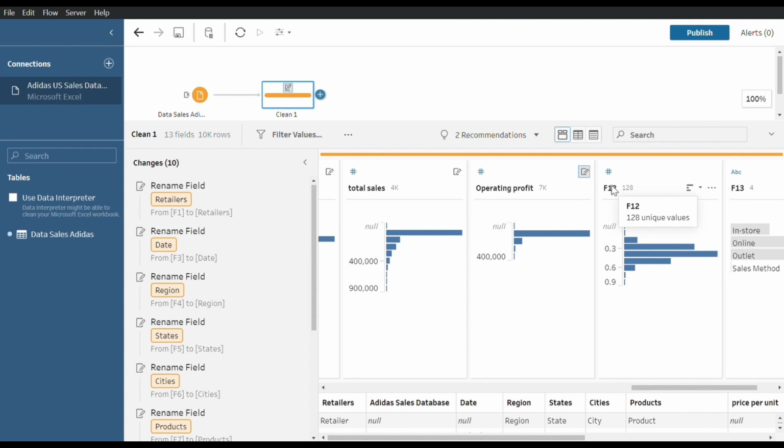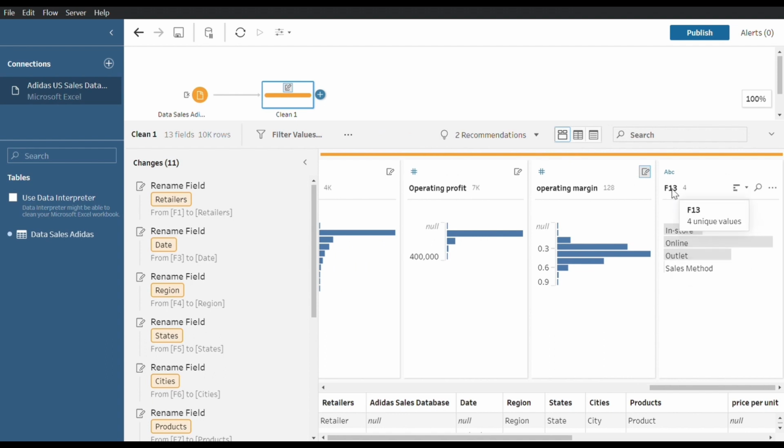And we have the margin of the operating profit. Margin. No, let's just do it operating margin. Sorry. Operating margin.